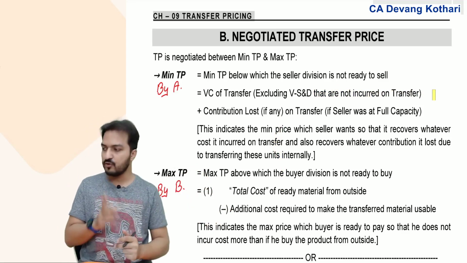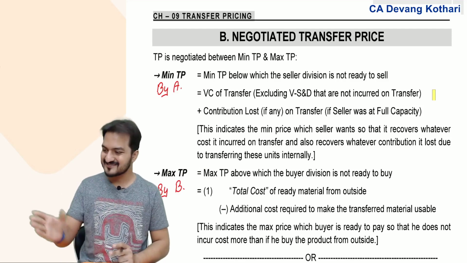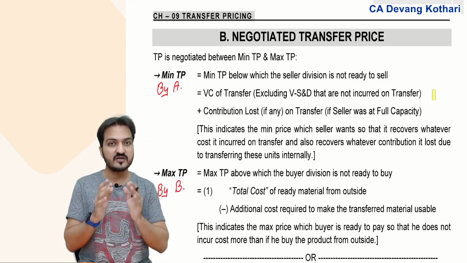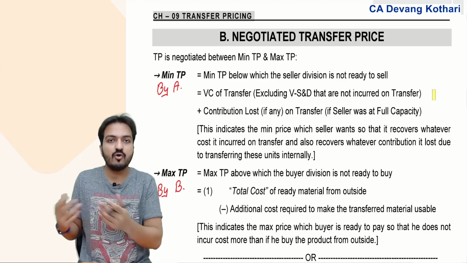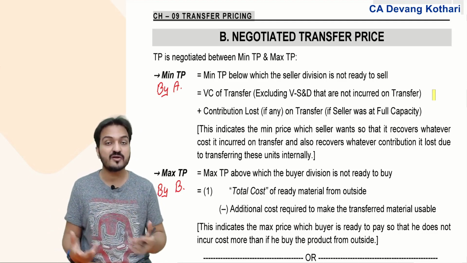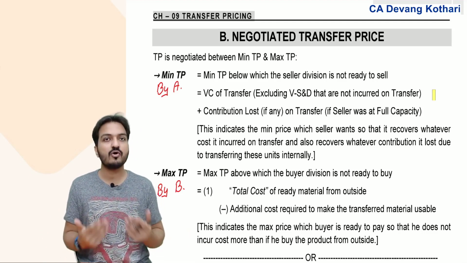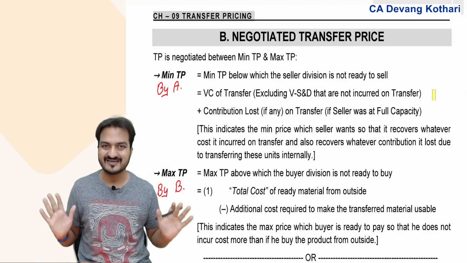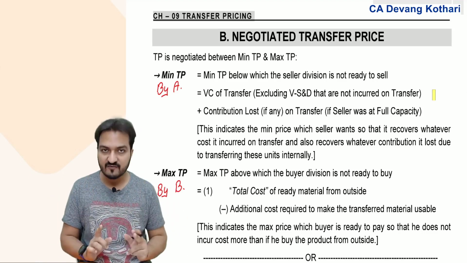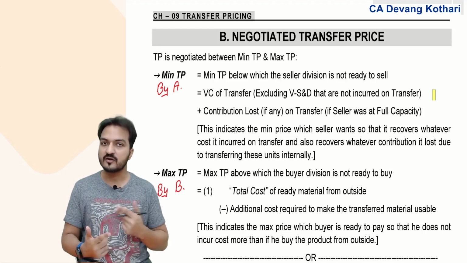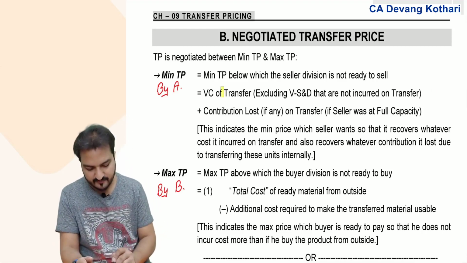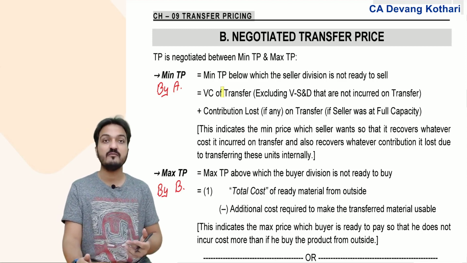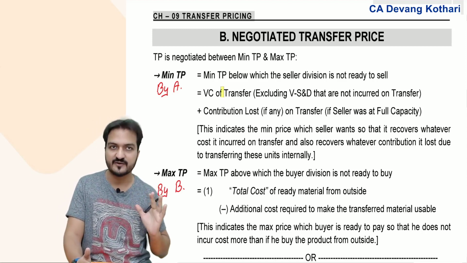But if I am transferring units to just the division next door, then I might not incur packaging cost, I might not incur marketing cost, I might not incur some part of variable S&D cost. If it is given that variable S&D not incurred on internal transfer, then you take here variable cost of transfer as the variable cost excluding variable S&D.